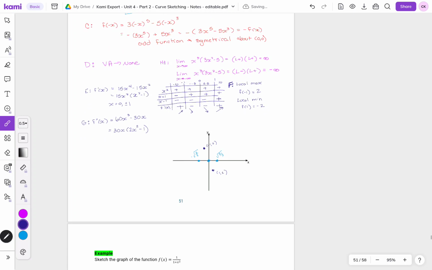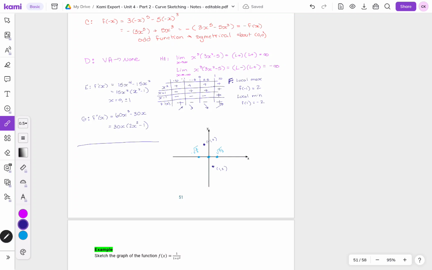All right, so for my concavity, again, when I set this equal to 0, I'm going to have negative the square root of 1/2, or 1 over the root 2, depends on how you want to write it, 0, and positive 1 over root 2. This is the other way you can write it, just because the square root of 1 is 1. Okay, so I have x, and I have 2x squared minus 1.